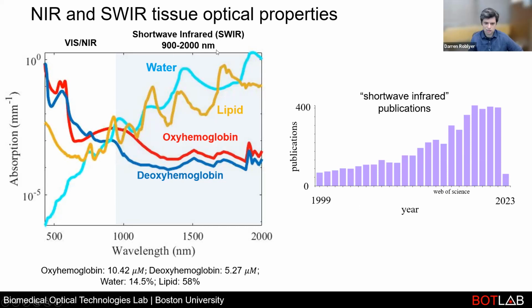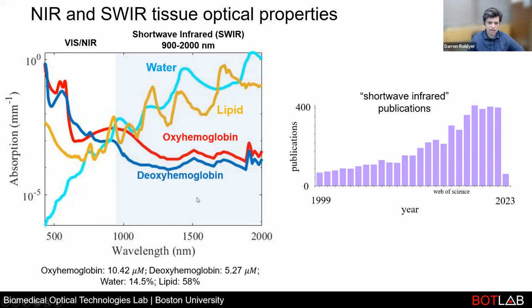Now, some groups and some research will call this the near-infrared 2 window, or even sometimes parts of it the near-infrared 2B window. But the tissue optical properties are quite a bit different in the shortwave infrared compared to the near-infrared and visible, and I'll show you more about that in the next few slides. But one important feature is that oxy and deoxyhemoglobin, which are shown in red and blue, are much less dominant in the shortwave infrared, where lipid and water become the dominant absorbers.